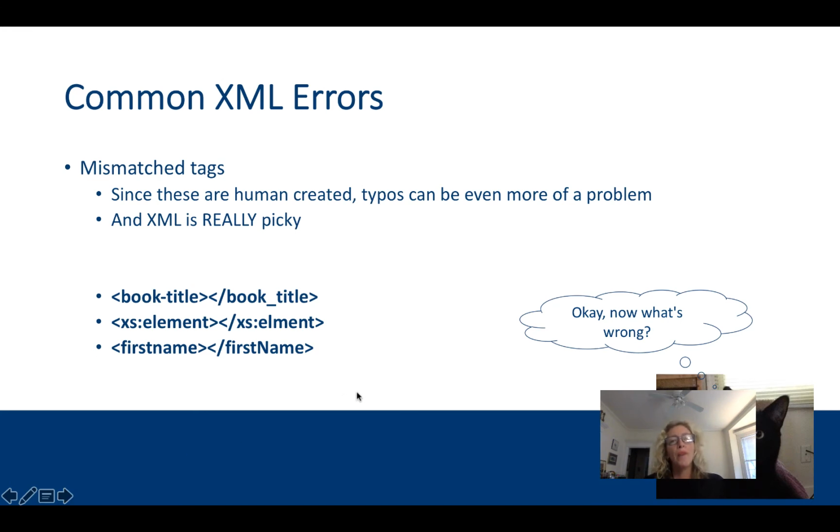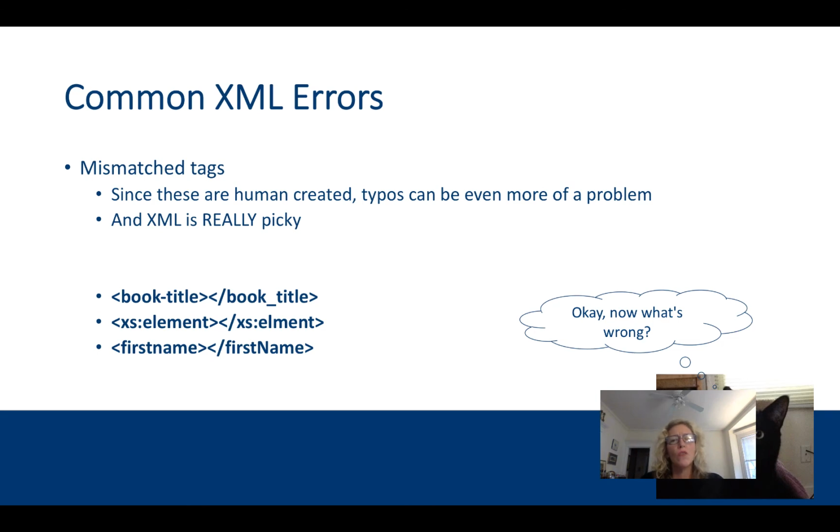So there are some common XML errors. If you have mismatched tags, because you are creating these tags, there may be some typos. And as you've seen with HTML, usually it's a typo that you're missing. XML is really picky about that.